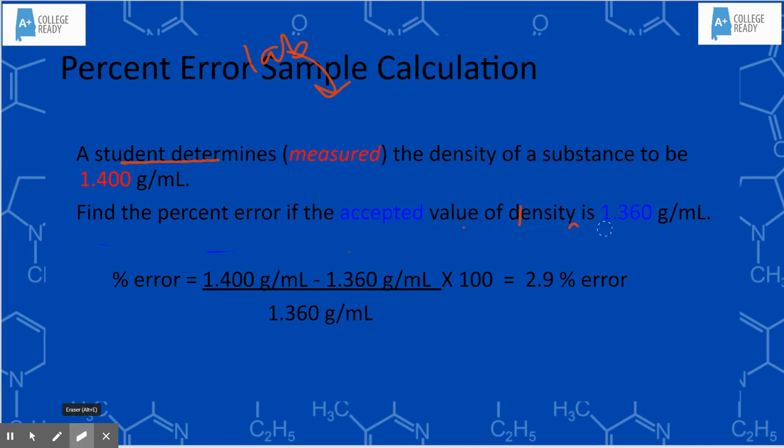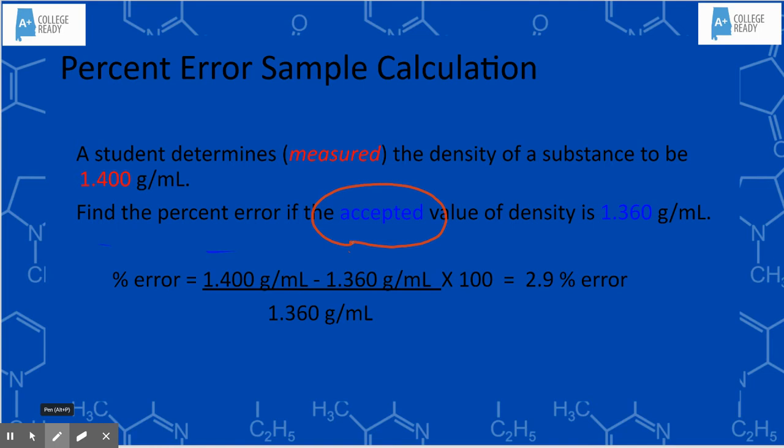So, percent error calculations. Let's look at an example. It's hard to see this word, but it does say accepted right here. So a student determines the density of a substance to be 1.400 grams per milliliter.